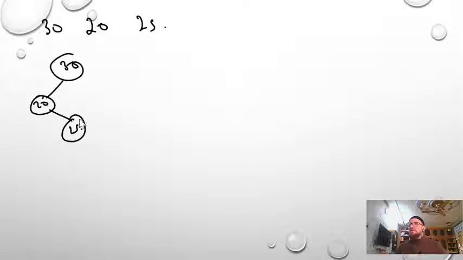So I put 30 here, I have to get 20 here, and I have to get 25 on this side. Now the balance factor here is 2 minus 0, that is 2. So balance factor is 2, so there is a problem with this. So I have to rotate, and it is a left and right rotation, LR rotation.